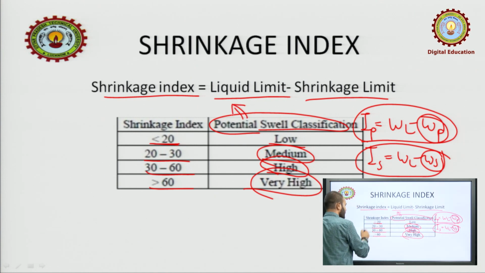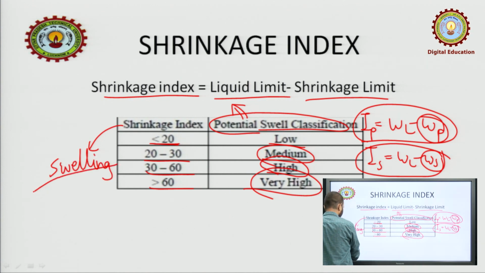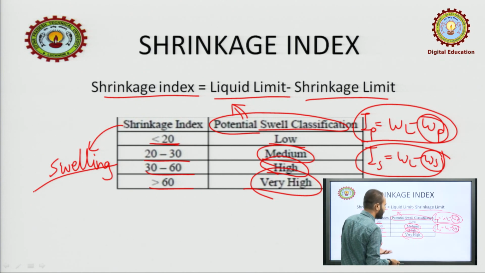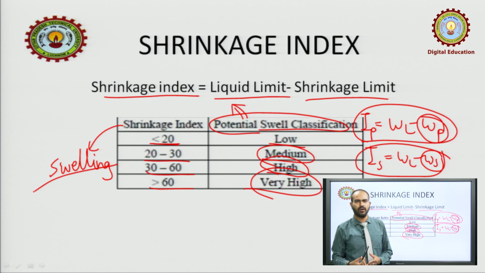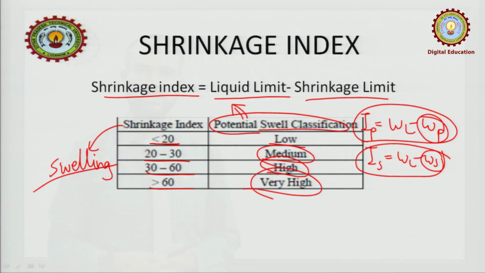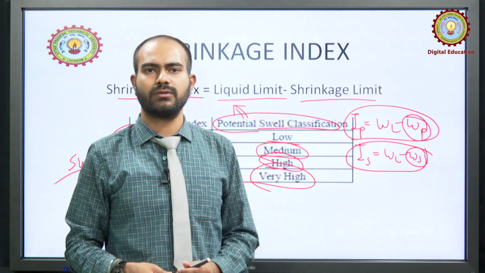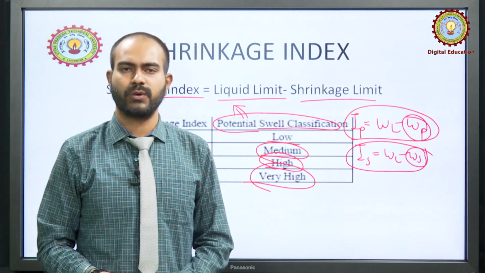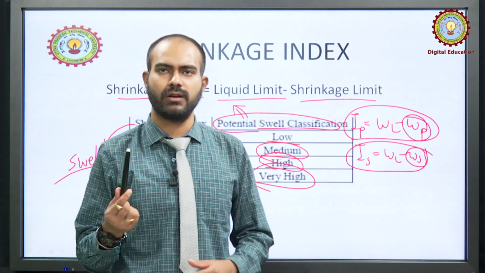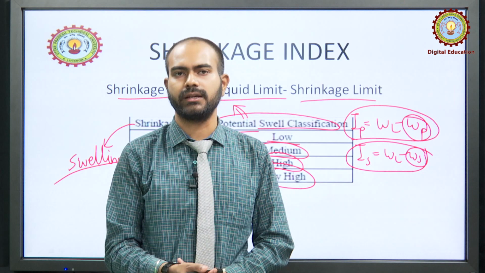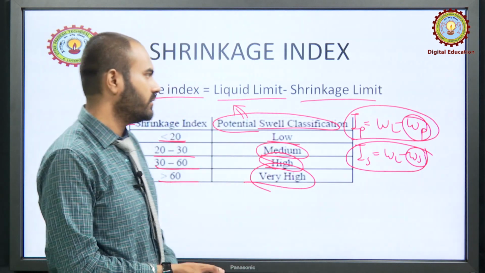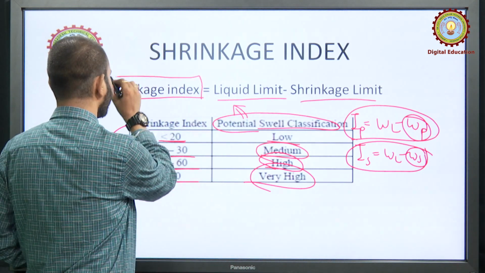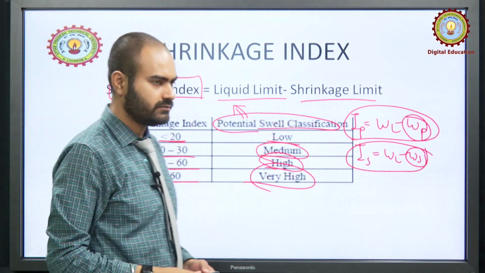Because shrinkage index is telling us about the swelling, and I already told you that if a soil swells much, then building on it is a very risky proposal. So, once we check the swelling property or swelling potential of any soil, only after that do we go on making a building. In other words, shrinkage index is to be checked there.